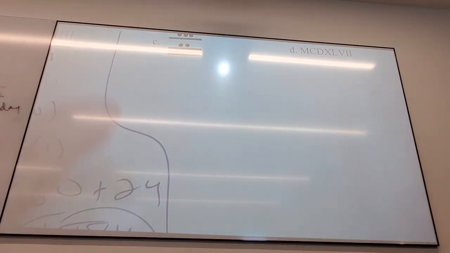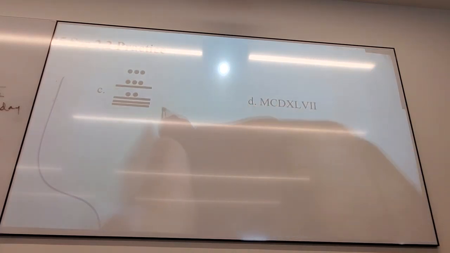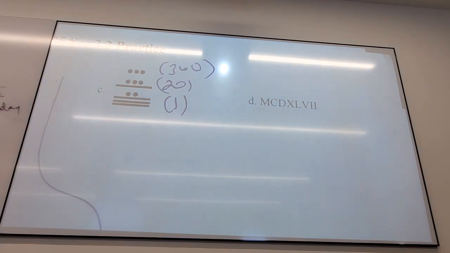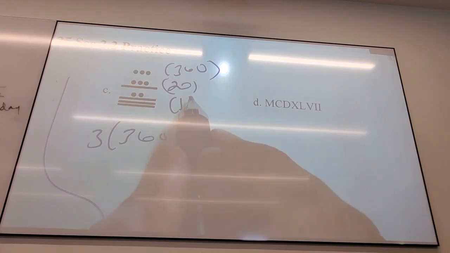So how many places are involved in these numerals? 3 places. What's this bottom place? 1s, 20s, 360s. How many 360s do we have? 3. How many 20s do I have? 8.